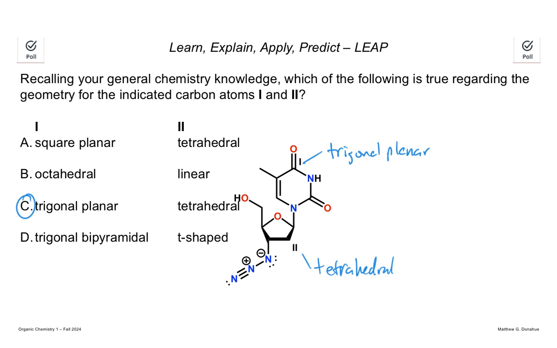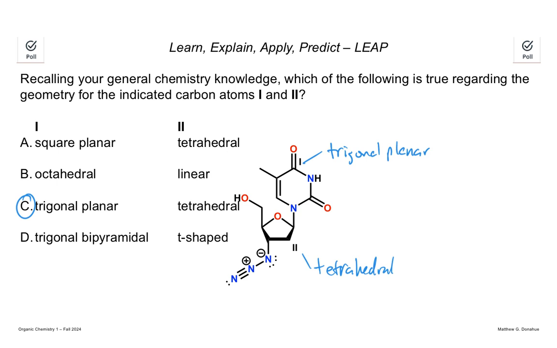Why is that? Carbon is carbon, but they have different bonding patterns. The Roman numeral 2 carbon has 4 sigma bonds. The shape is going to be tetrahedral, which maximizes getting the things as far away from one another as possible.